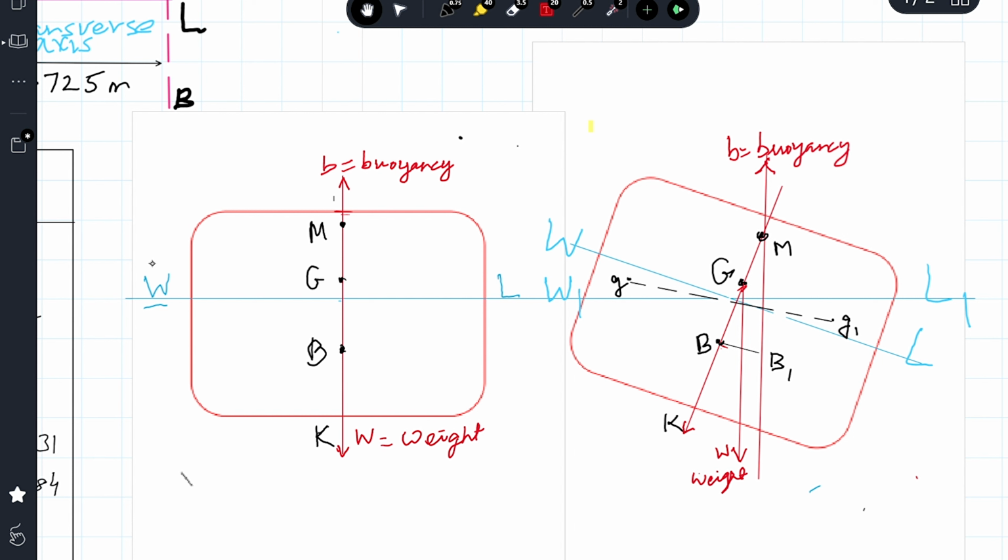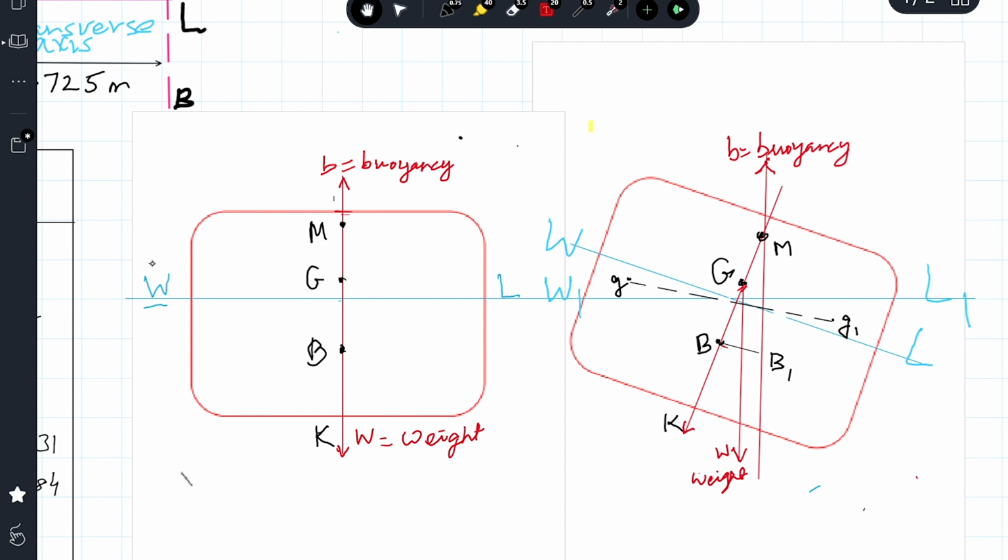That's why it's called initial metacenter, and GM in this case is also called initial GM, because as the ship heels more at large angles, this metacenter will also shift and GM will also change. So it's only the initial GM which is considered fixed up to small angles of heel.